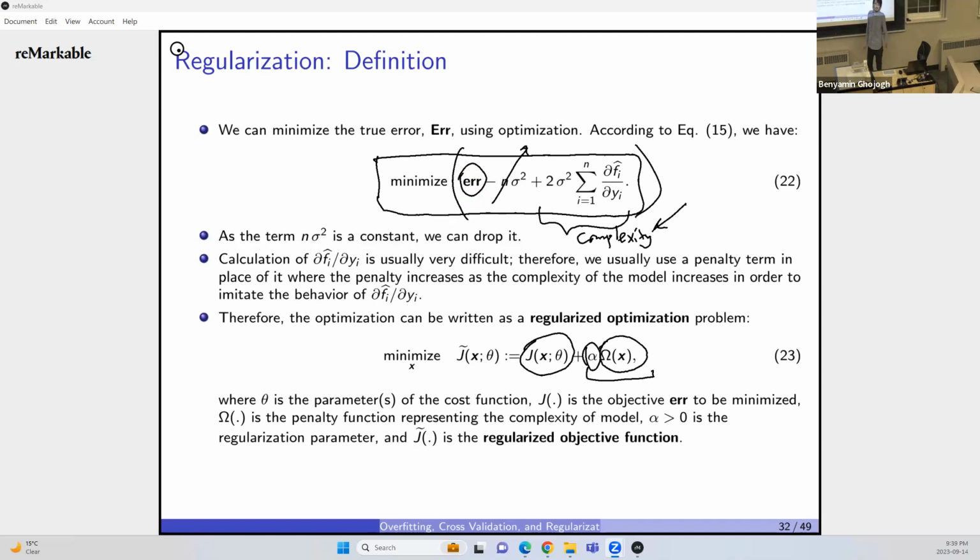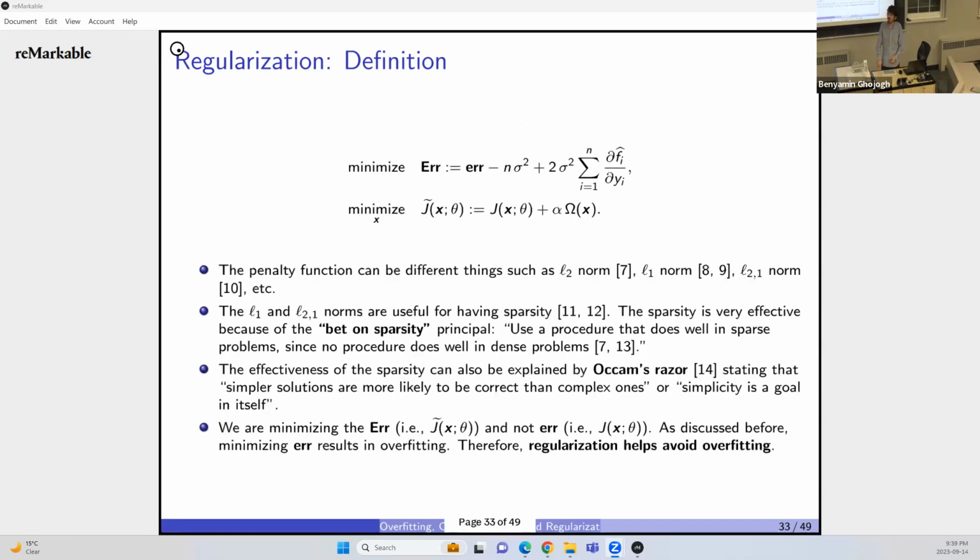Alpha tunes how much I should care about the penalty or regularization term compared to the actual cost. The larger the alpha, the more I care about omega x compared to j x, right? Again, as you see, this regularization parameter is a hyperparameter, which can be tuned by validation.